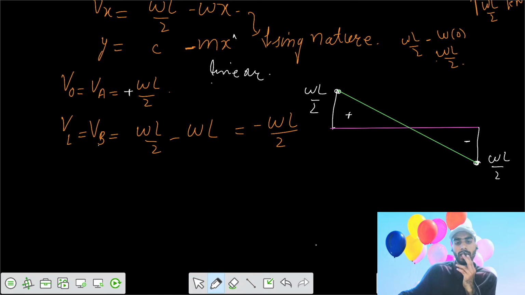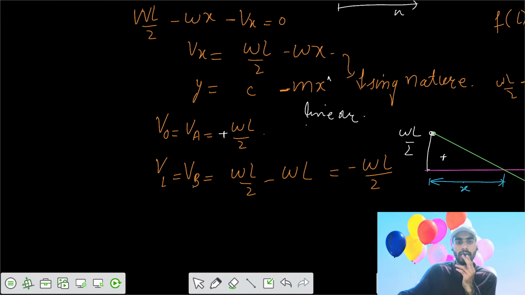Let's say it cuts the reference line at a distance x from A. Where it cuts, we can get the value.